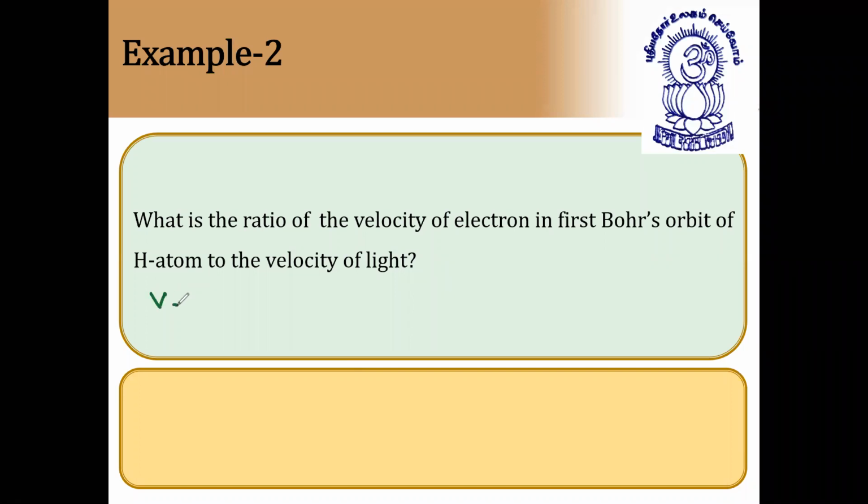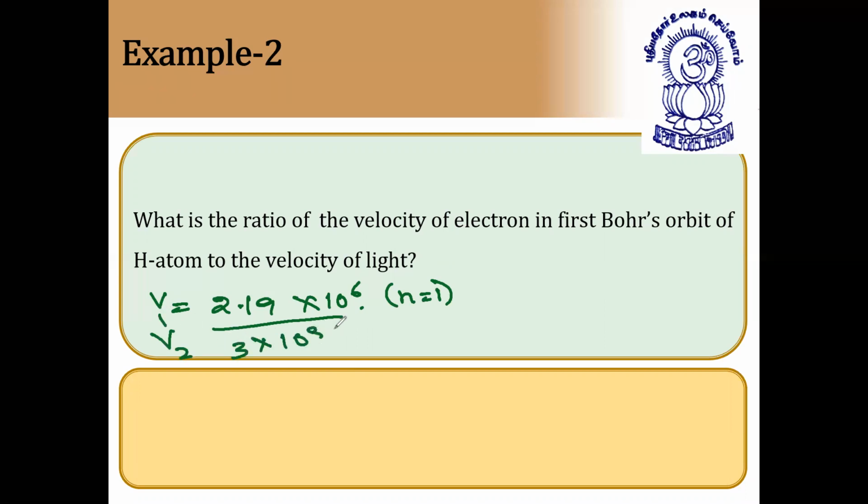Velocity of electron is 2.19 into 10 to the power of 6 in the first orbit, because n is 1, divided by the velocity of light, 3 into 10 to the power of 8 meters per second.